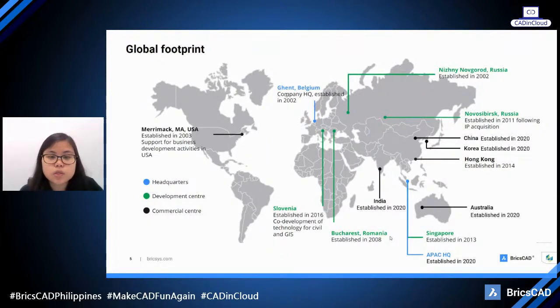The main headquarters is, of course, in Belgium, and we have been rapidly growing in the APAC region, which is why we're having this session today to spread the word even more about BricsCAD and how useful it can be in your workflow. As you see, a lot of the APAC commercial centers have been established early this year, and we are just expanding rapidly.